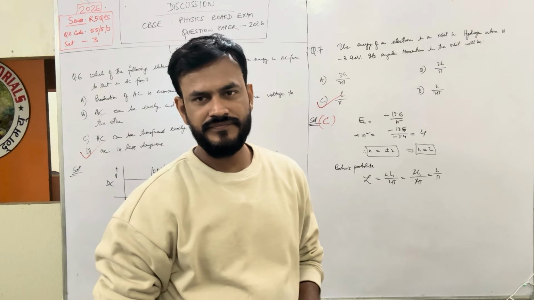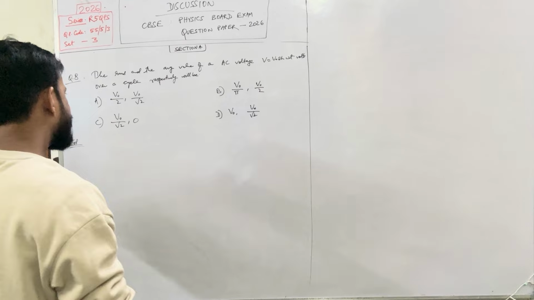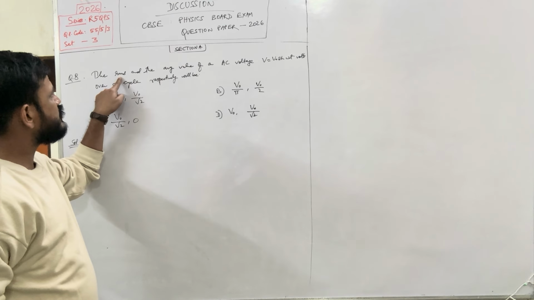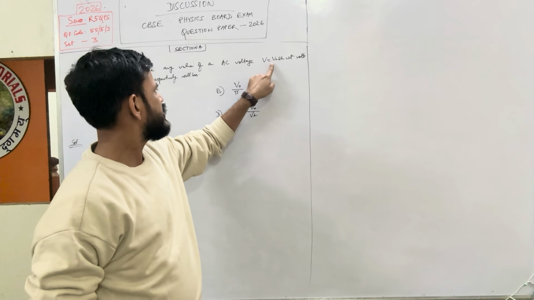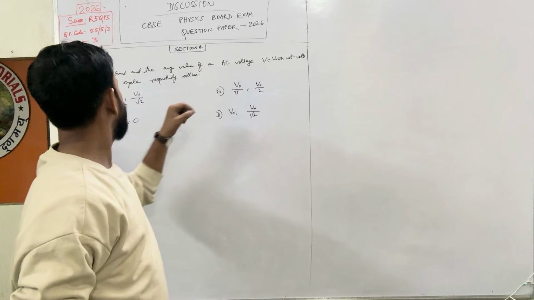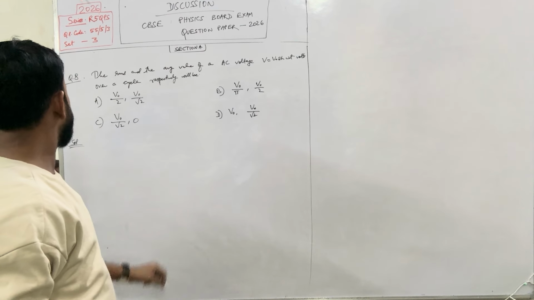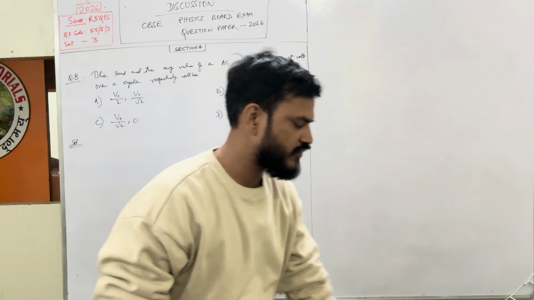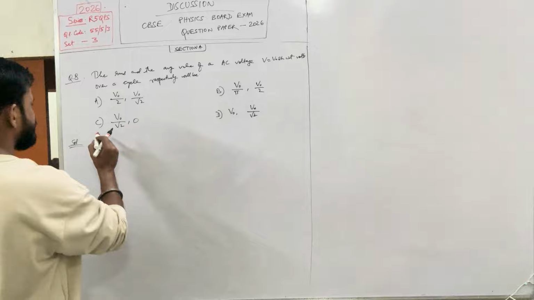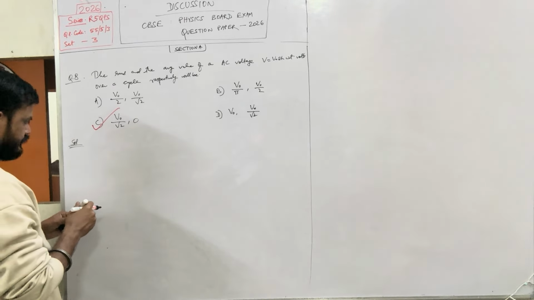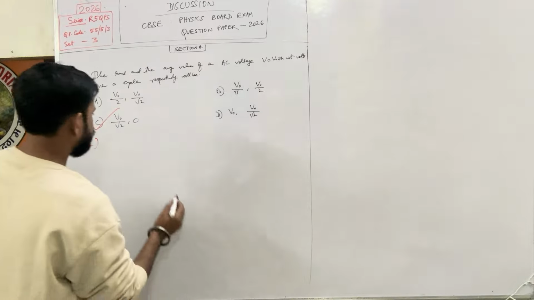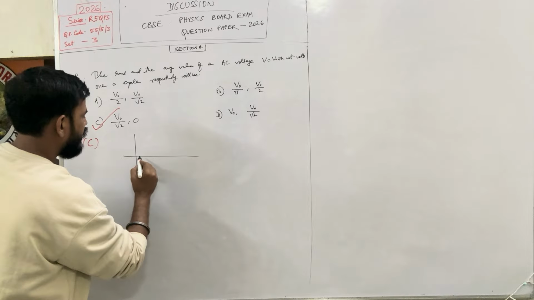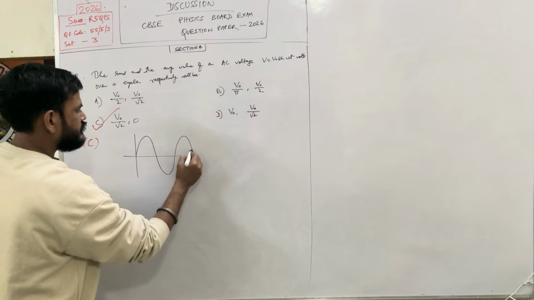Pretty straightforward. This question asks for the RMS, that means root mean square, and the average value of an AC voltage. The AC voltage is given as V naught sine omega t volts, over a cycle respectively will be. So this question is pretty straightforward. The correct answer is C, but we'll see how. The sinusoidal waveform is given by this.